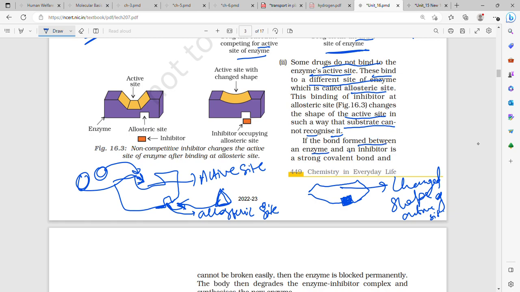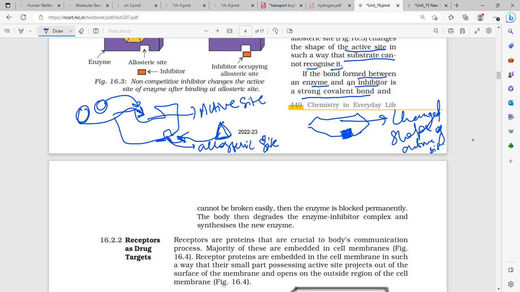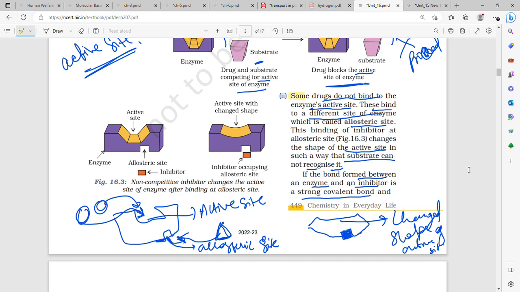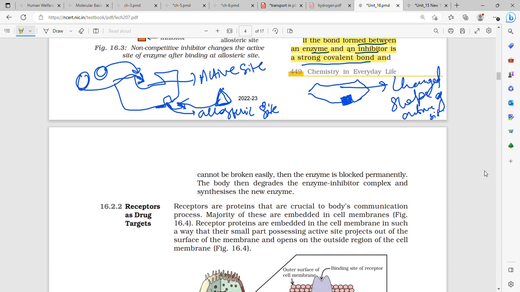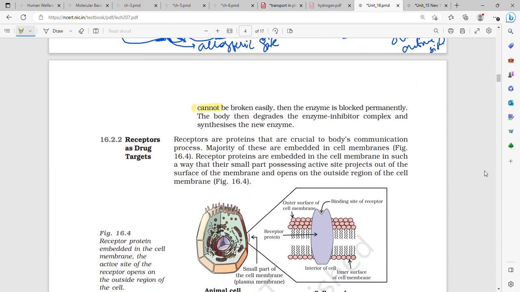If the bond formed between the enzyme and an inhibitor is a strong covalent bond and this bond cannot be broken easily, then the enzyme is blocked permanently.